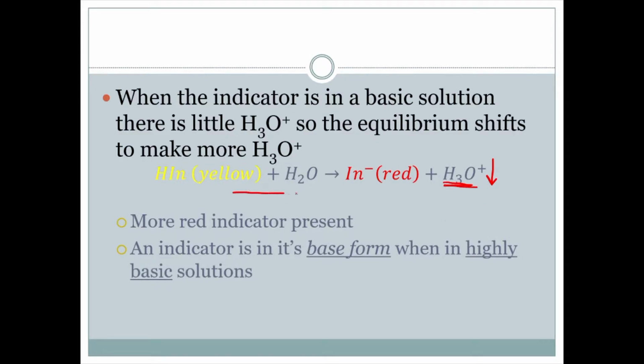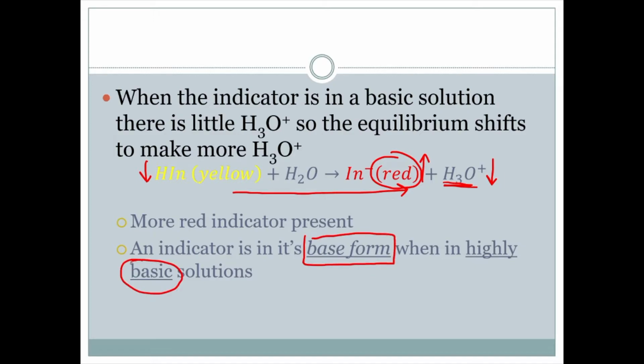So the equilibrium shifts this way. As a result, you get less of this. So the solution ends up taking a more red color because you have more red indicator. And much like in the previous slide, where the indicator is in its acid form in acidic solutions, in basic solutions the indicator will adopt a base form.